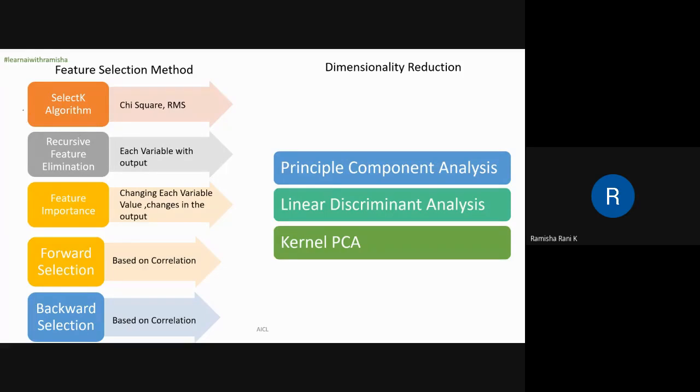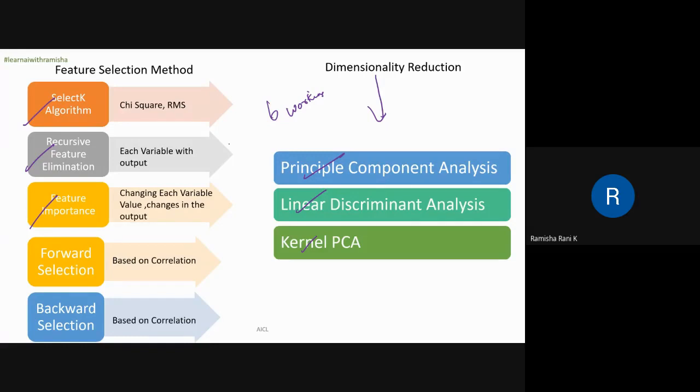In this lecture, we are going to discuss SelectK, recursive feature elimination, and feature importance. The algorithms of dimensionality reduction are principal component analysis, linear discriminant analysis, then kernel PCA. We are going to see nearly 6 working principles, how they work.